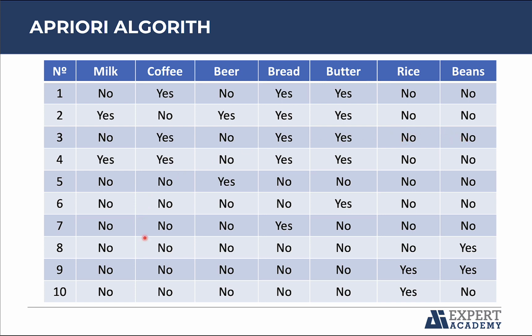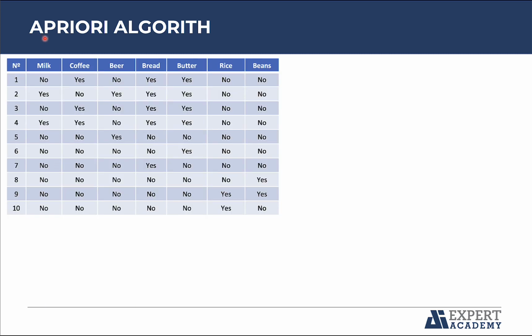And we have the same structure for each one of the transactions or the clients. The goal is to find some kind of pattern analyzing this data, so we can use the Apriori algorithm.